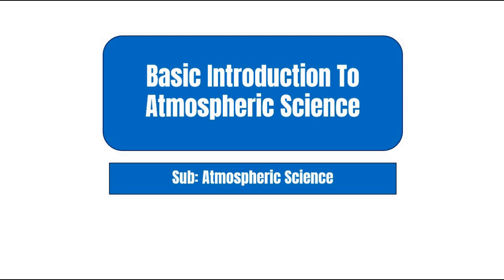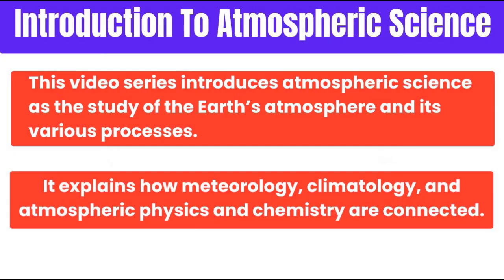So here we'll discuss the basic introduction to atmospheric science, which introduces atmospheric science as the study of Earth's atmosphere and its various processes involved. So basically it involves meteorology, climatology, atmospheric physics and chemistry, because atmospheric science is basically a combination of all these things.